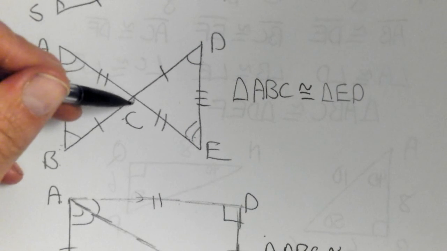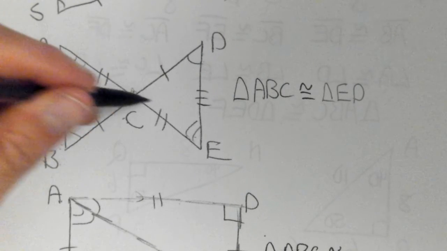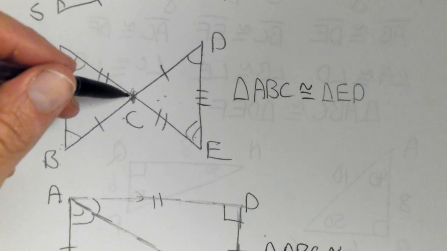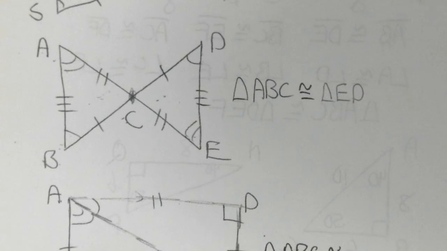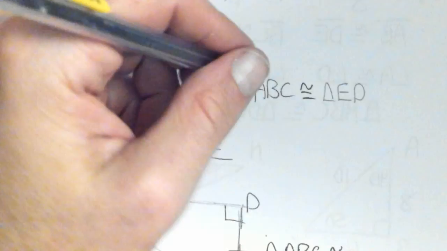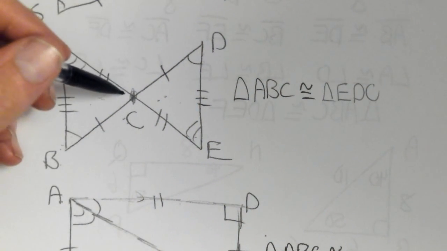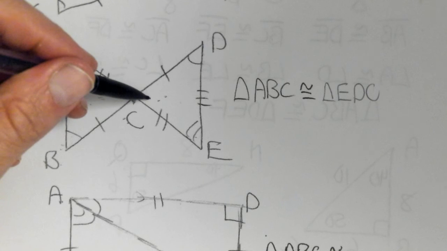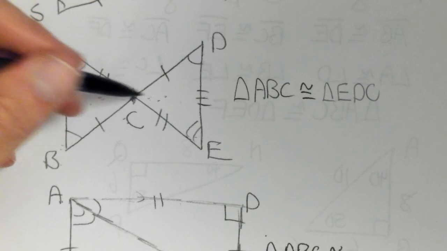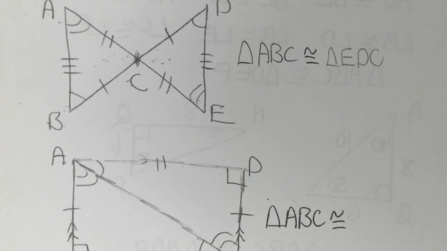Well, C is again a point that is actually in both triangles. They share a common point right there, the vertex. So when you write it in, C matches with C. Okay, so this C here matches with this C. Anybody remember why? Because vertical angles are congruent, and we've got it that way. Okay, looks like one more example we need to do here.